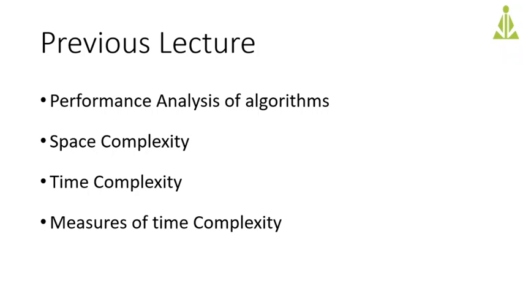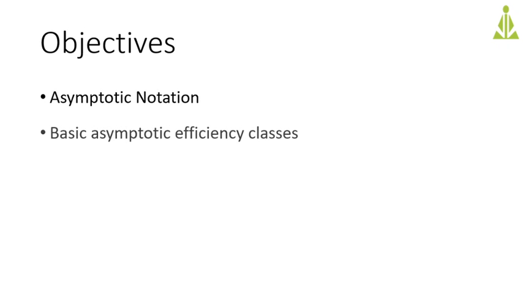So now, how will you find the space complexity and the time complexity with the help of mathematical notations? That is today's topic: asymptotic notation and basic asymptotic efficiency classes. What classes are there, which one is the best and which one is the worst? How will you identify them?